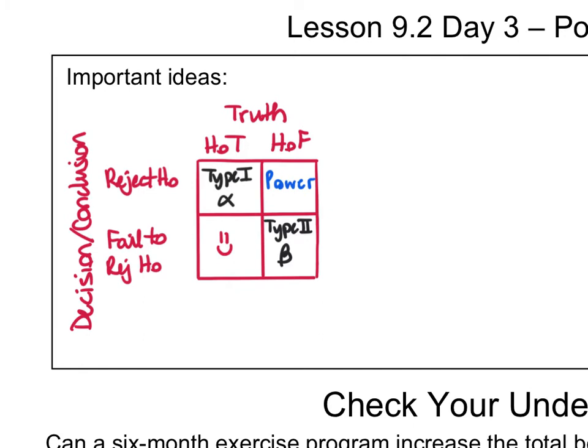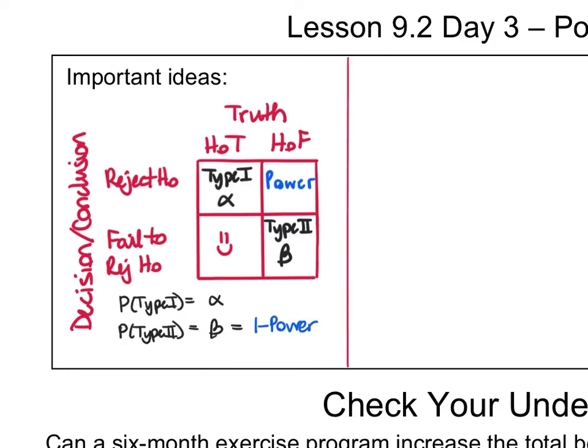And just as a reminder, the probability of making a type 1 error is alpha, and the probability of making a type 2 error is beta, which can also be thought of as the complement of power. Let's fill in the other side now.